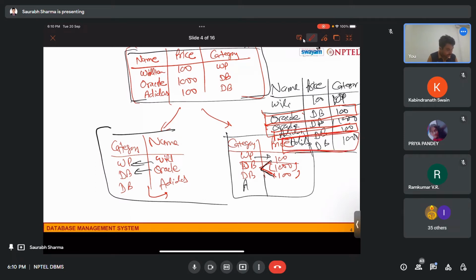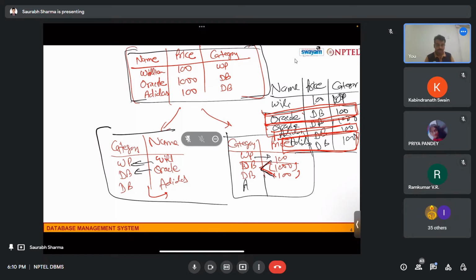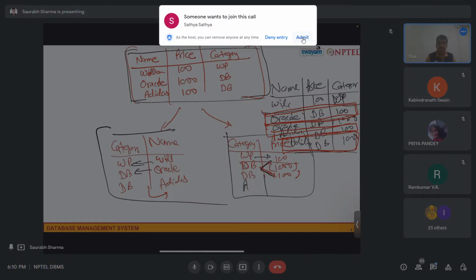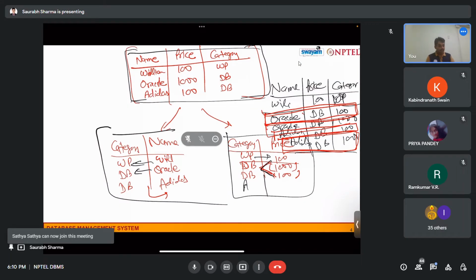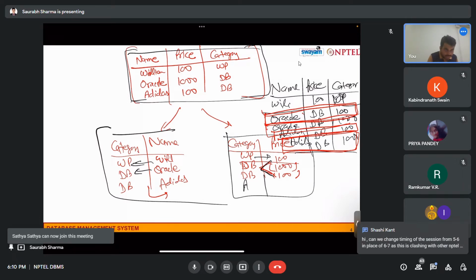So there are two entries which were not existing in the real data. So we actually ended up with a loss of information.